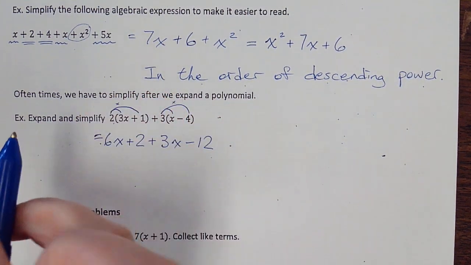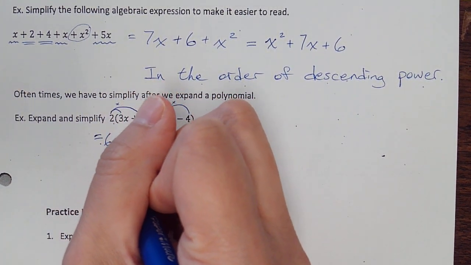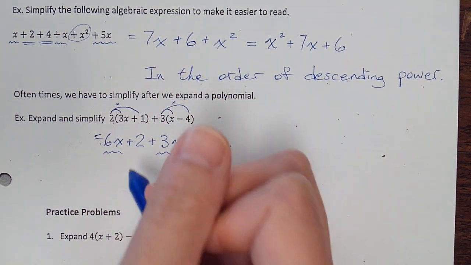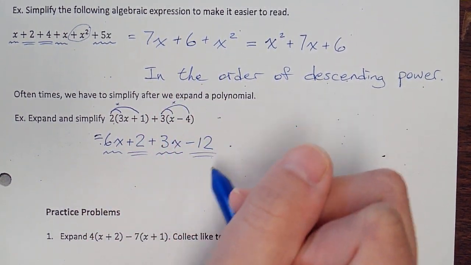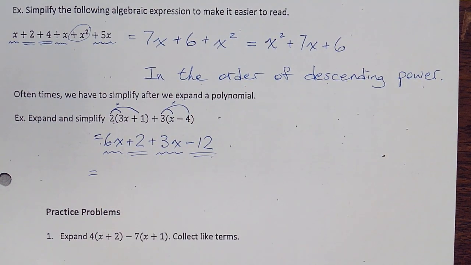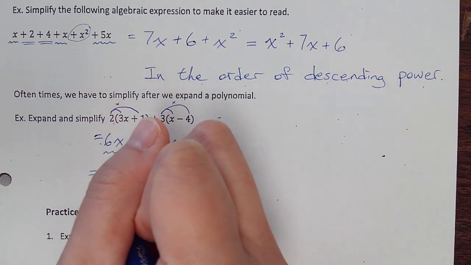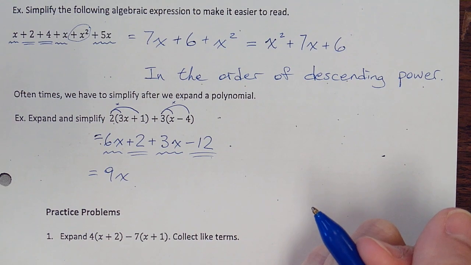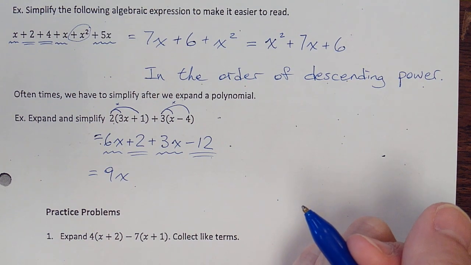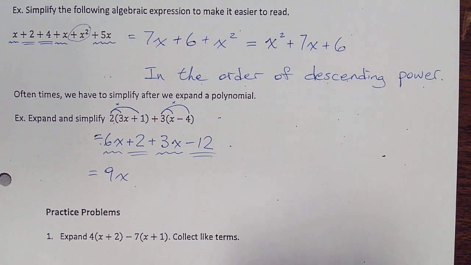Okay, am I done with my answer? No, because just like what we did up here, we can collect like terms. So what's my final answer? 9x plus negative 10. I don't like 2 signs. Negative 10?